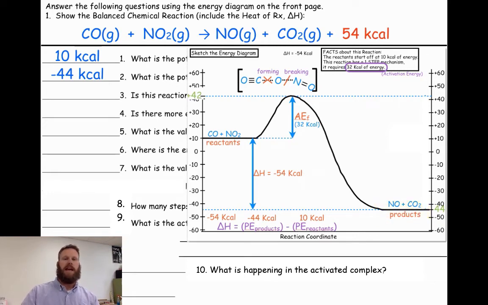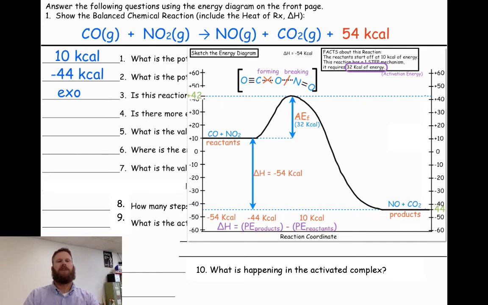Is this reaction exothermic or endothermic? As I just mentioned, a delta H of negative 54 kcals means the reaction is exothermic. Also, any energy diagram that looks like this one, where the reactants have a higher energy than the products, represents an exothermic process. Is there more energy stored in the reactants or products? Well, I just answered this.